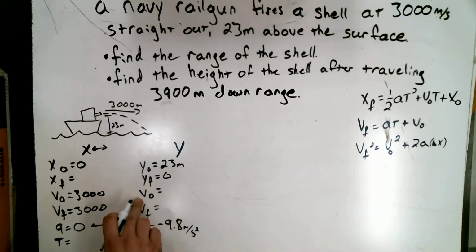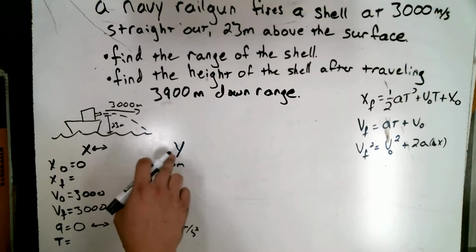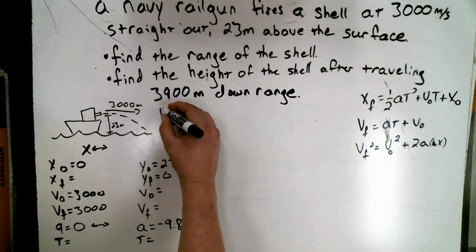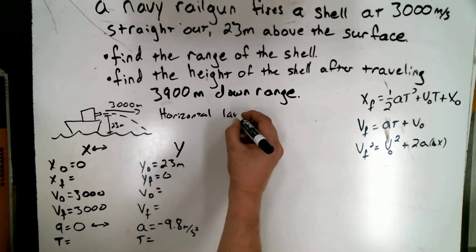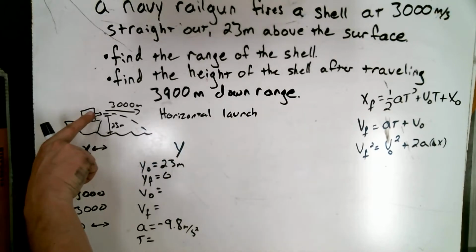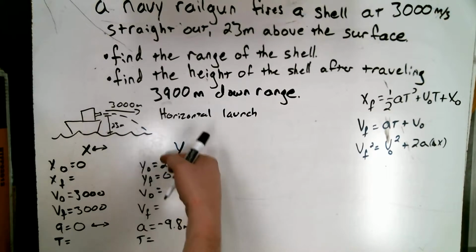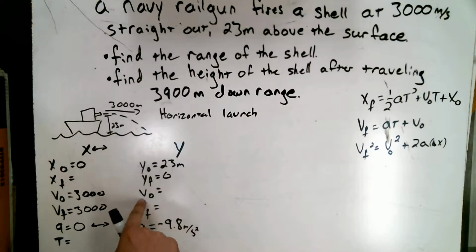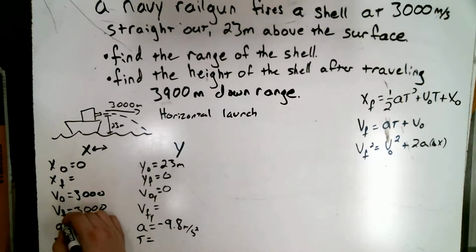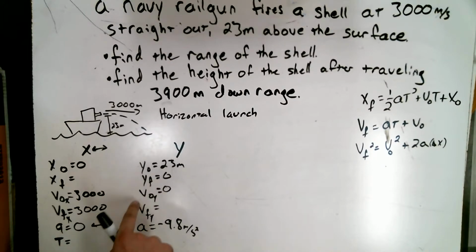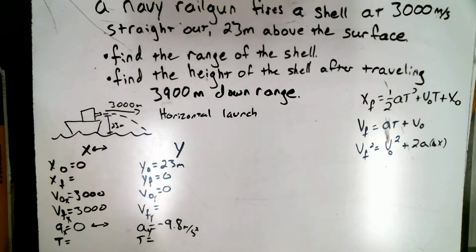So my original speed, this is what is called a horizontal launch. I am being thrown directly sideways, so my original vertical velocity is 0. So let's put that as a y, because I want to have these labeled as x's and y's because these are not the same. So that's my acceleration in the y and my acceleration in the x.